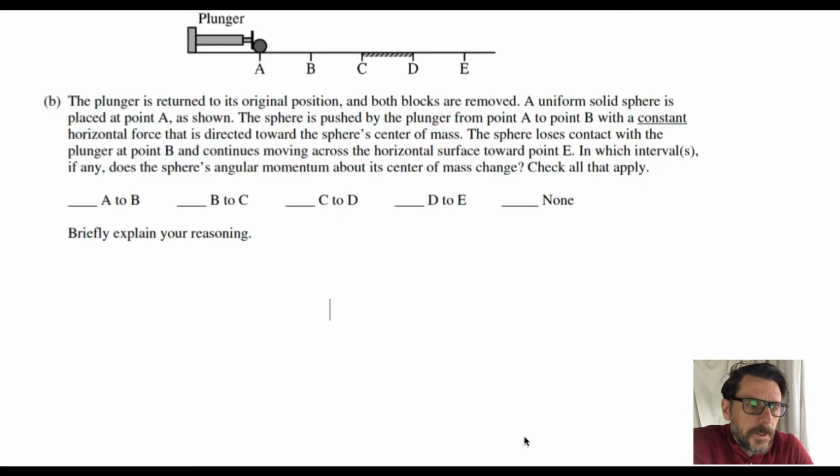The plunger is returned to its original position and both blocks are removed. Both blocks are no longer present in here. A uniform solid sphere is placed at point A as shown. The sphere is pushed by the plunger from point A to point B with a constant, same as before, a constant horizontal force that is directed towards the sphere's center of mass.